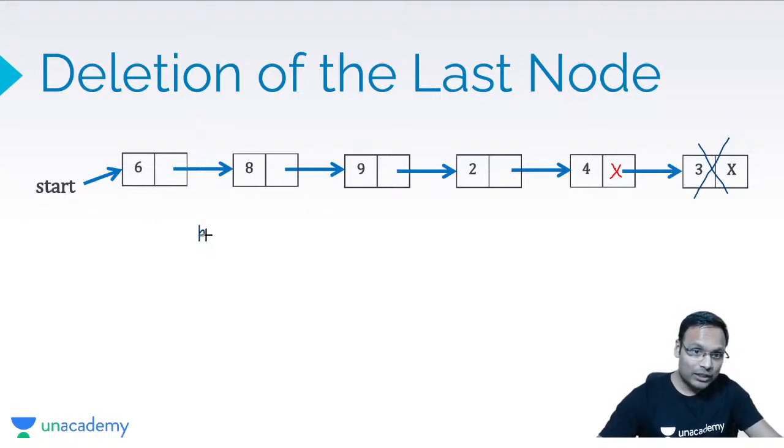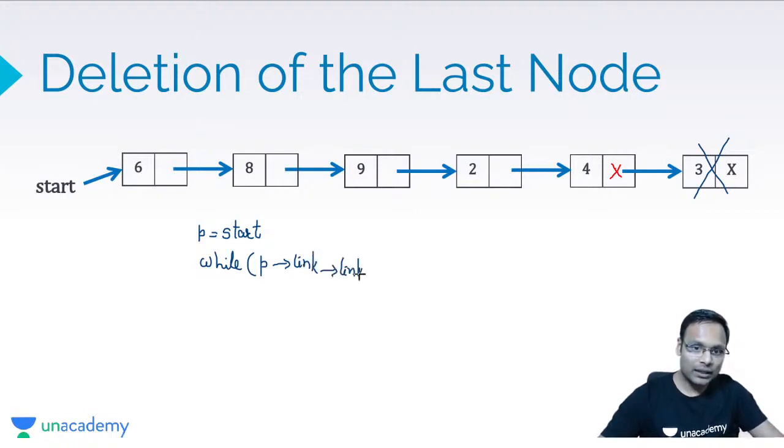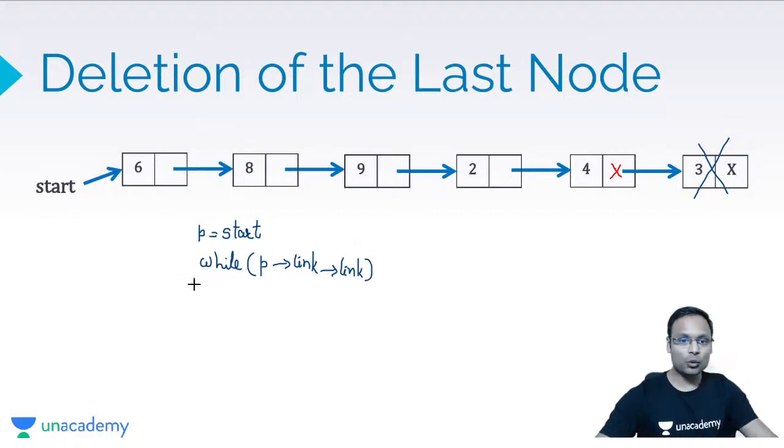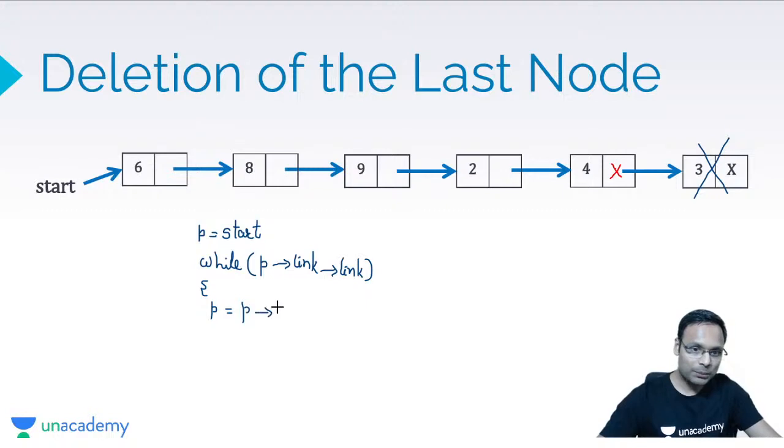I'll be taking a pointer P that will start from start, and I will have to stop pointer P on the second last node. Means I will run the loop until we reach the second last node. Means while P का link है true, keep incrementing P by its next.